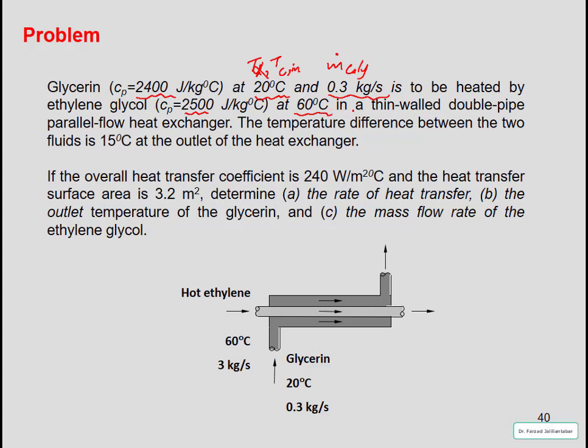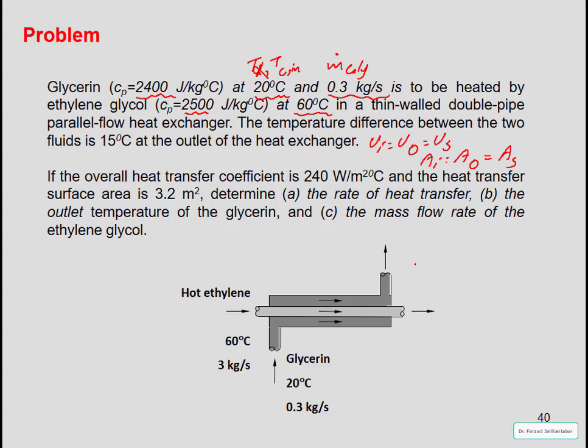and these two fluids are in a thin wall double pipe. Thin wall means UI will be equal to UO equal to US, and AI will be equal to AO equal to AS. Thin wall means these terms actually. The temperature difference between the two fluids is 15 degrees Celsius at the outlet of the heat exchanger.